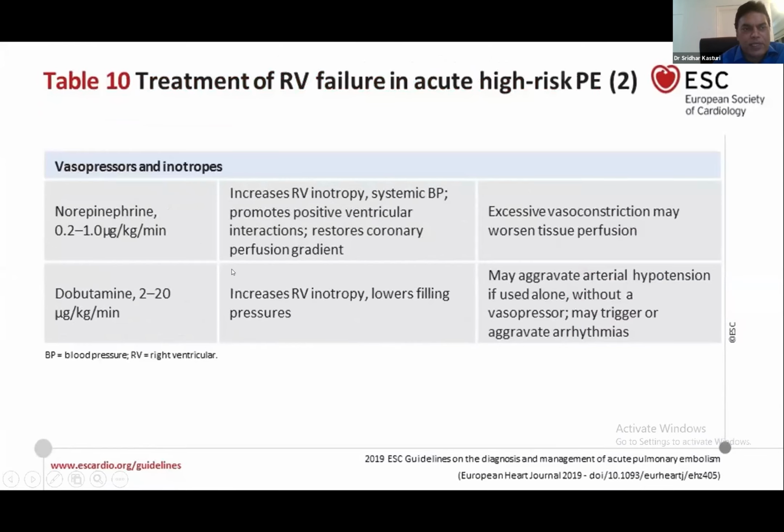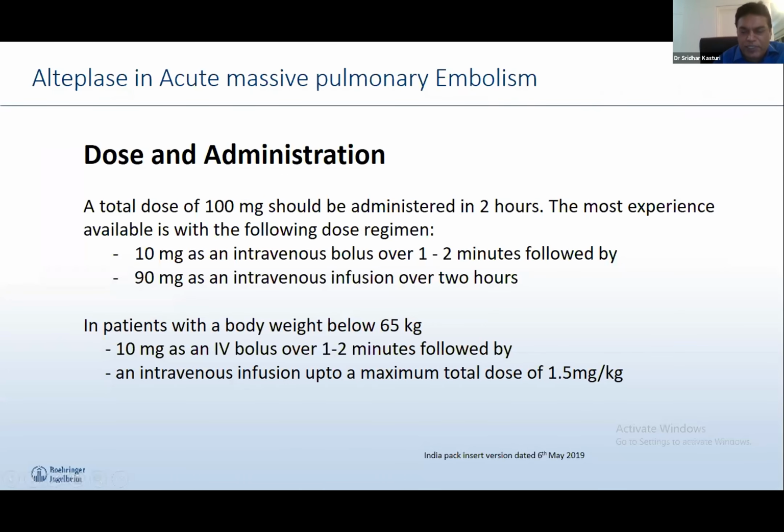So these are drugs recommended by the ESC guidelines. Alteplase is already discussed. Alteplase is more effective, and the evidence is very, very supportive. That's the reason when you give this thrombolytic therapy, the improvement in the RV function, recanalization of the pulmonary artery, and fall in PA pressures and TR is much more significant compared to other thrombolytics.